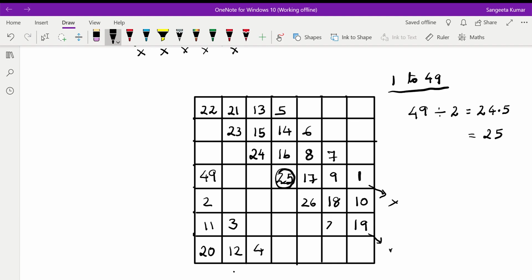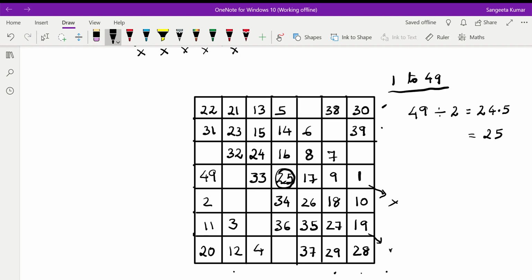26, 27, 28. This cannot be filled. So even if we go here, this cannot be filled. So 29 will come here. We cannot fill, so 30. Cannot be filled. 31, 32, 33, 34, 35 cannot be filled. 36, 37 cannot be filled. 38, 39.